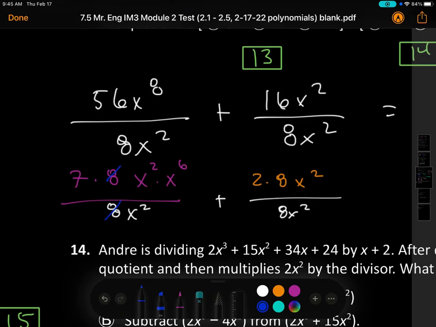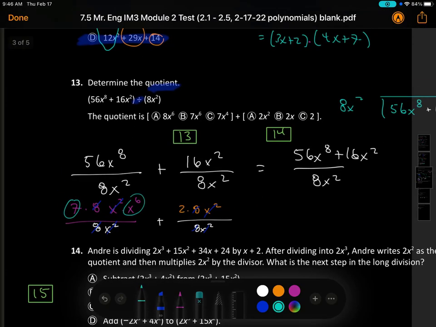Remember, you're canceling factors, which means by multiplication. Between the two is multiplication. Okay, what is left? You have 7x to the 6, and then you have a 2. So your response answer for number 13 is B, and then number 14, it is C.